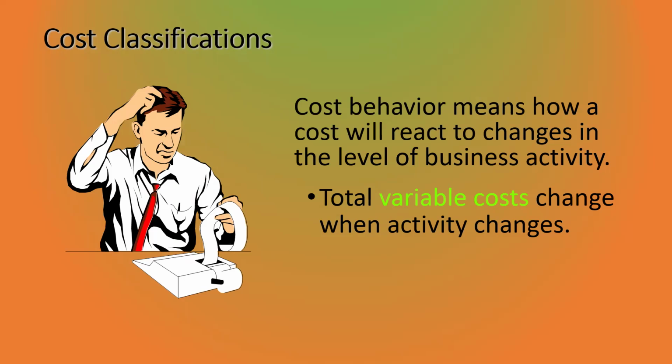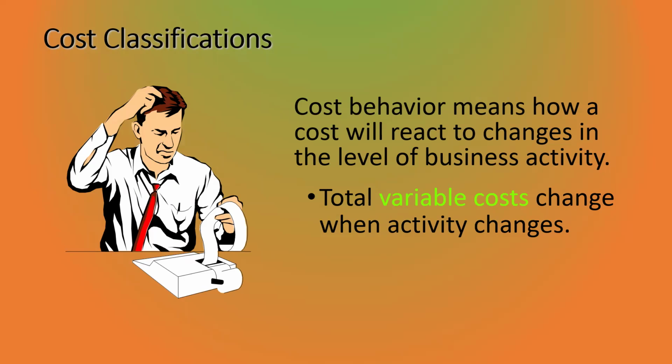So this cost is called variable cost. The cost varies, or changes, with the change in the number of units. For example, we have just discussed in the previous example the production of a t-shirt.